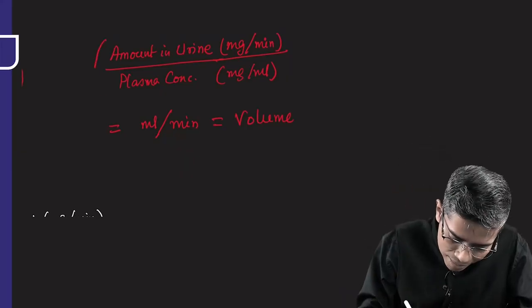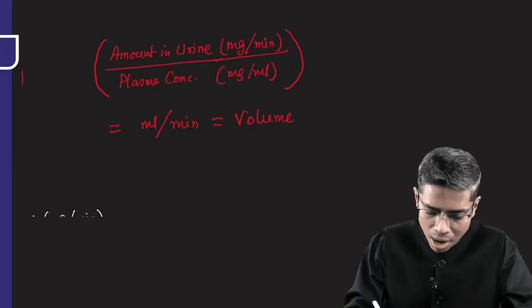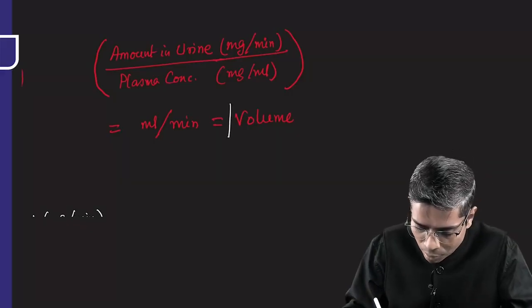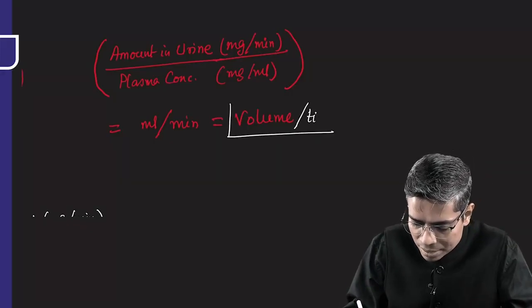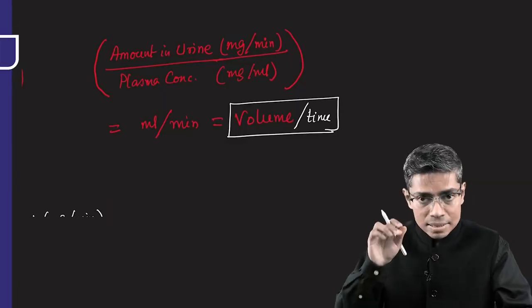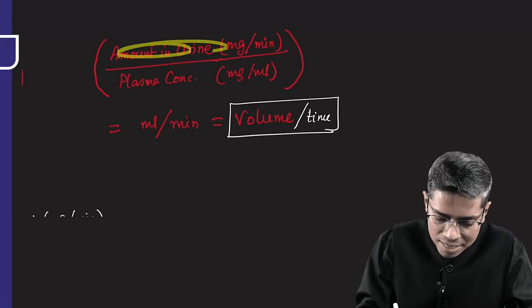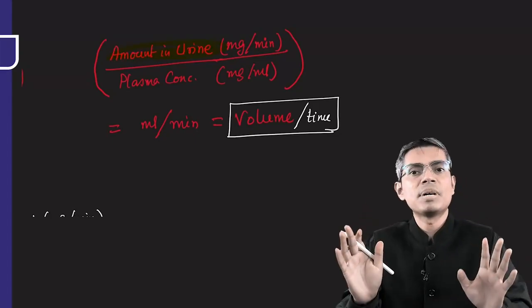So if you divide this urinary amount by your plasma concentration, you are going to get a volume per unit time. And what volume are you getting? It is the volume from where the amount of creatinine has reached the urine. Getting my point?